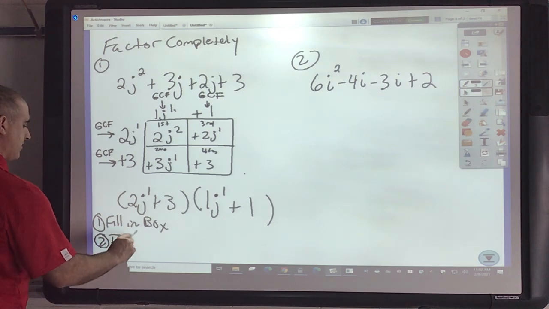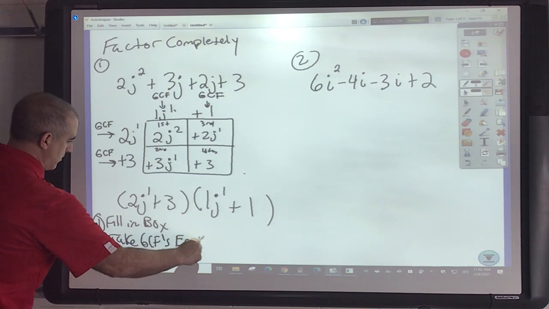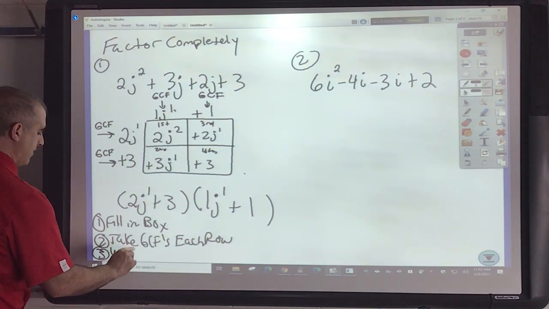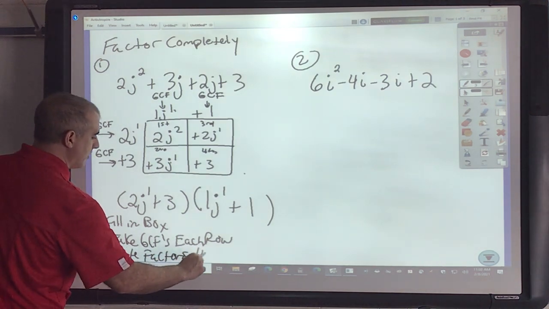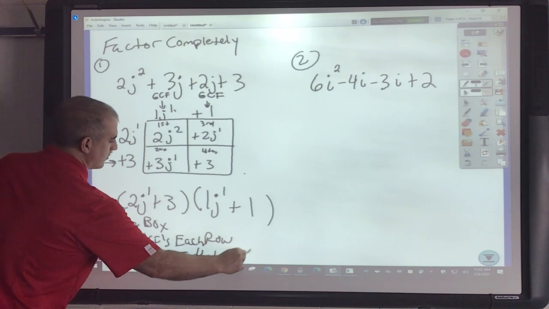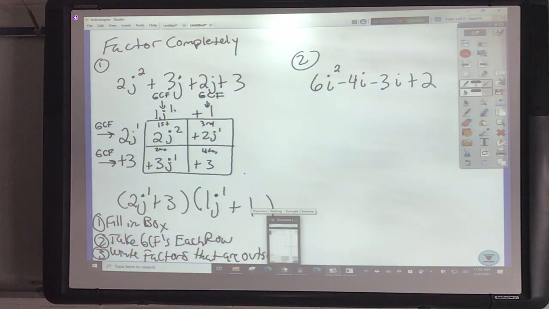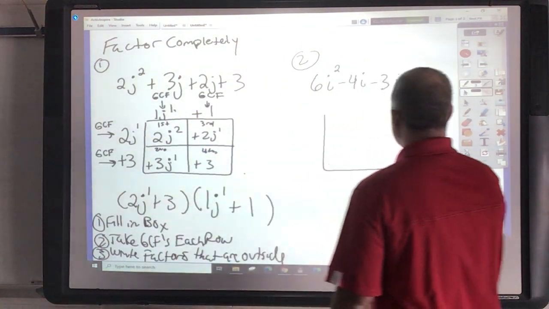Take GCFs from each row. Write factors that are outside. Okay? Very simple. Okay, so we're going to do a couple more together. All right, so box.